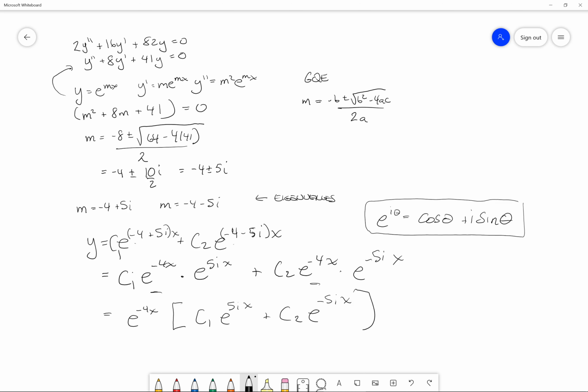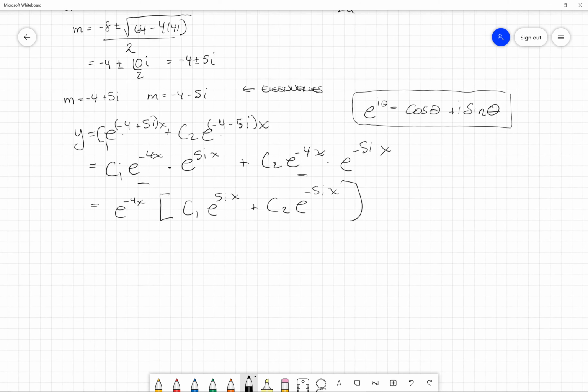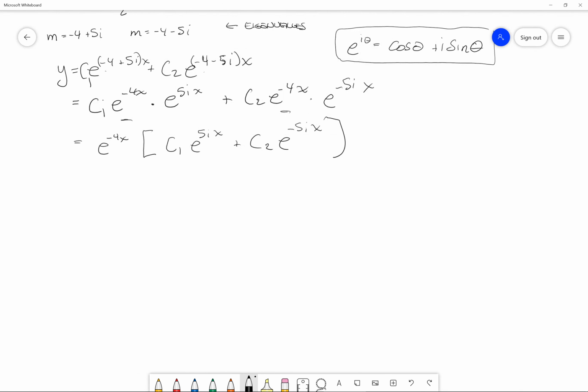If we do that, let me move this up here, what we get is e to the negative 4x, and then you get your c1 and your c2.